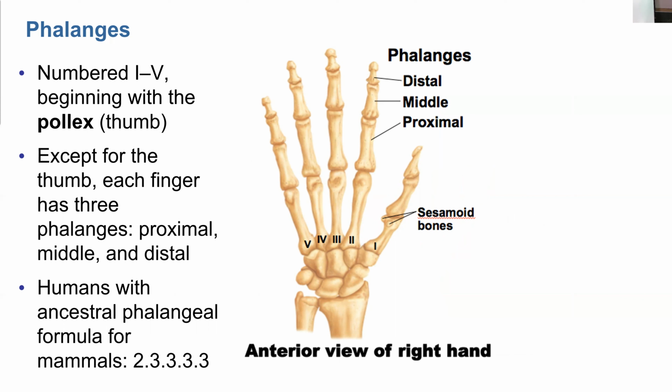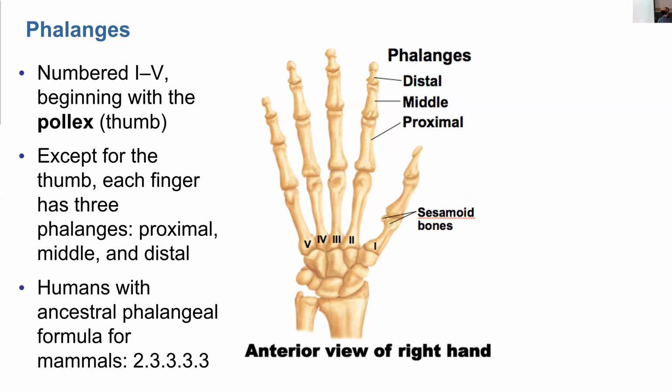But phalange has just one. It comes from the Greek or Latin, I don't remember which is the root. It comes from these rows of soldiers, so they'd be lined up in a row, and so these bones are lined up in a row.